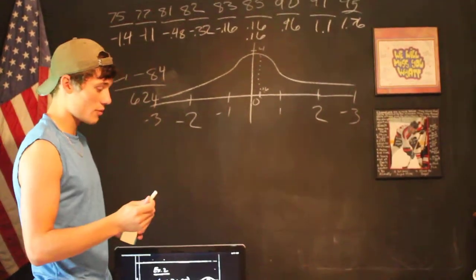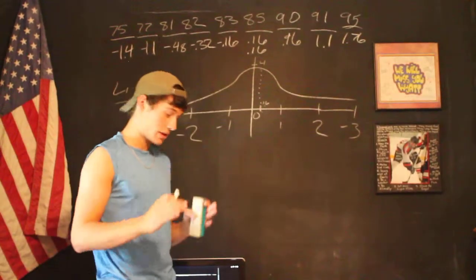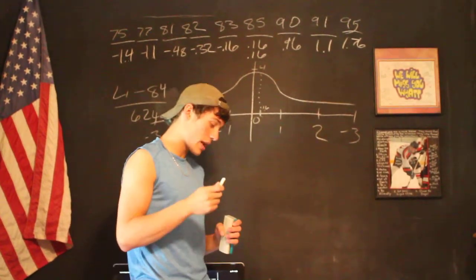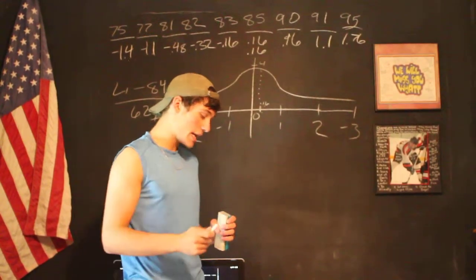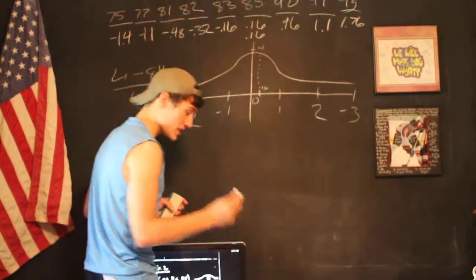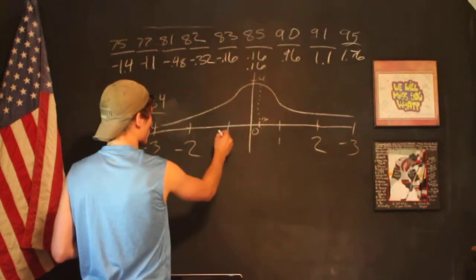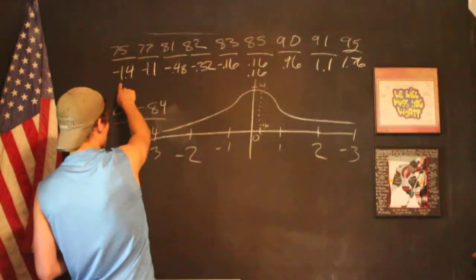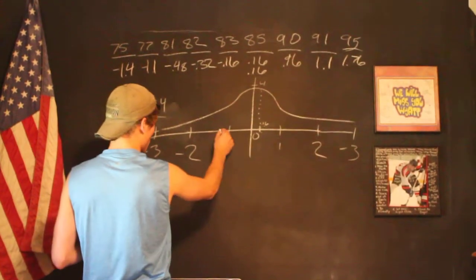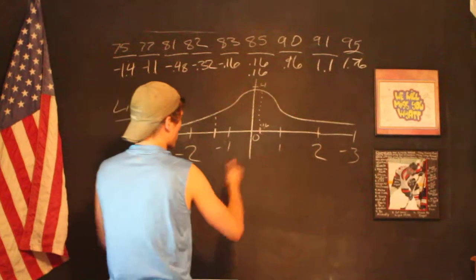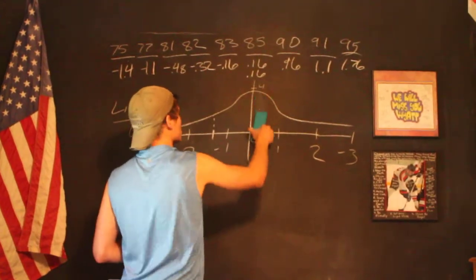The second problem is dealing with intervals. What is the probability that Jezebel will get between a 75 and an 82? The z-score for a 75 is negative 1.4, so that would be about right in here. And then we'll erase that.